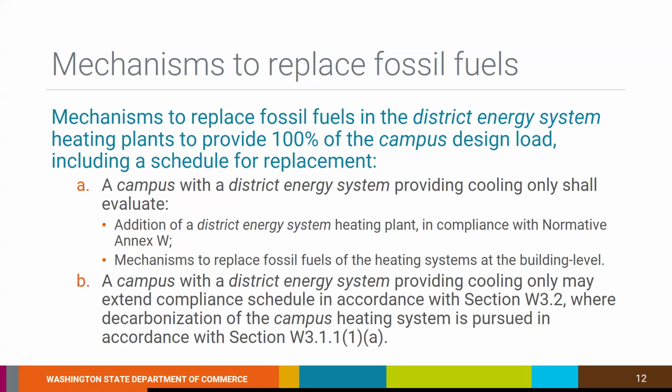You can choose to decarbonize your campus. Let's say you have a cooling only district energy system. You can choose to decarbonize your heating systems that are distributed throughout the campus. If you do elect to do that, you are able to gain some extra time for compliance with the Clean Building Performance Standard, so up to 15 years plus. Next slide, please.